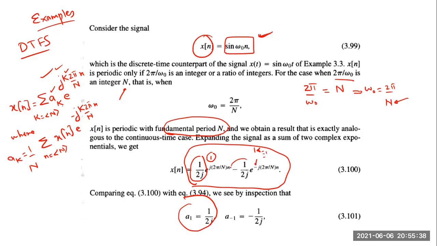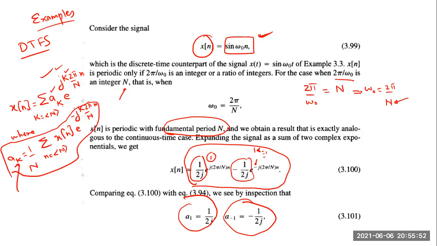As a result, this particular coefficient is a minus 1. So in this very simple example, we don't need to make use of this particular equation to find ak. We can directly represent this using Euler's relationship, and then we can easily identify that this particular signal has two coefficients, a1 and a minus 1.